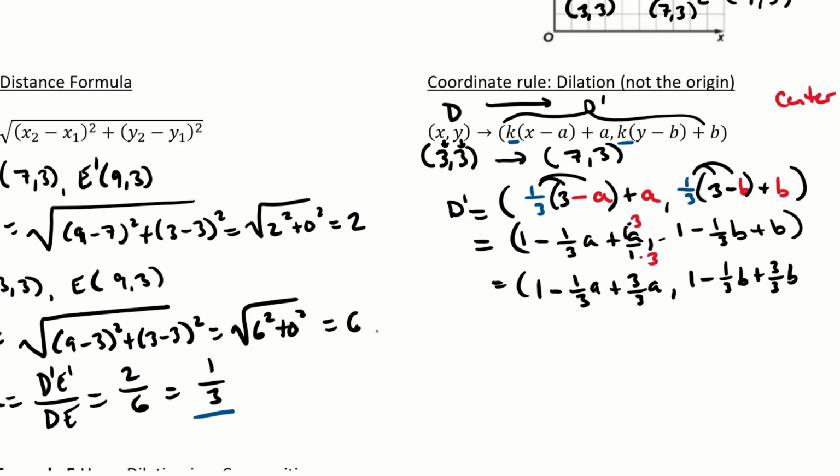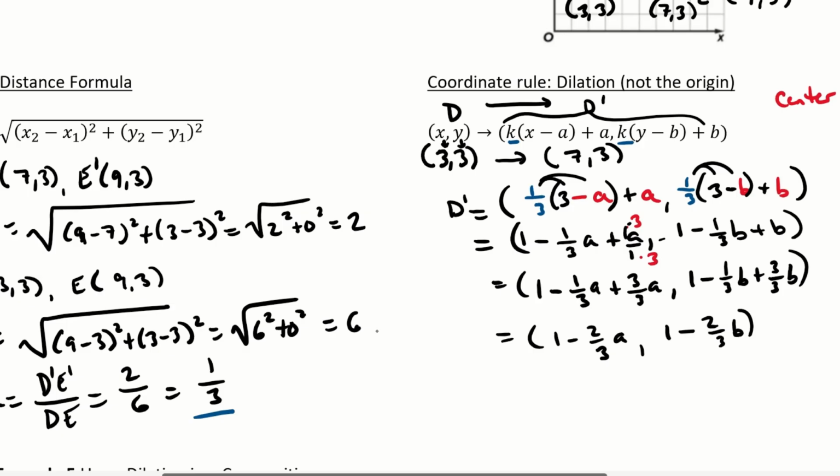All right, so then what's negative 1/3 plus 3/3? Well, negative 1 plus 3 is 2. So it's 1 minus 2/3 a, and 1 minus 2/3 b. All right, and now what is d prime? Well, d prime, we can replace that, is 7, 3.